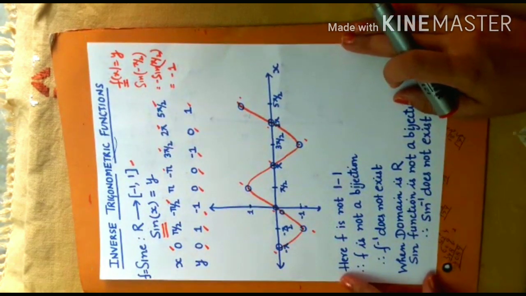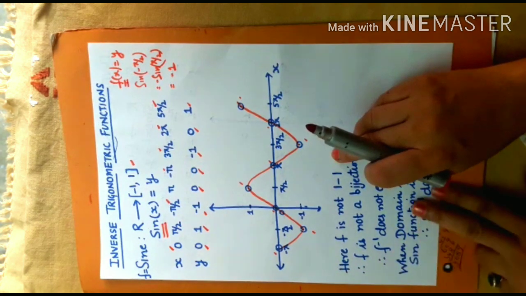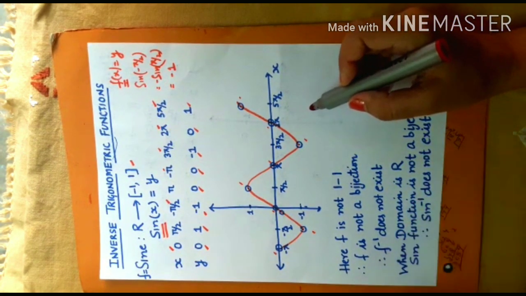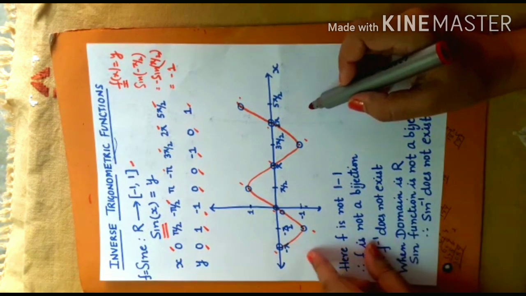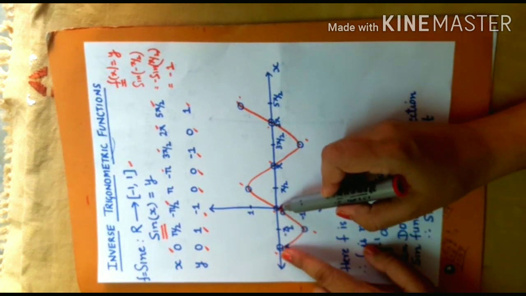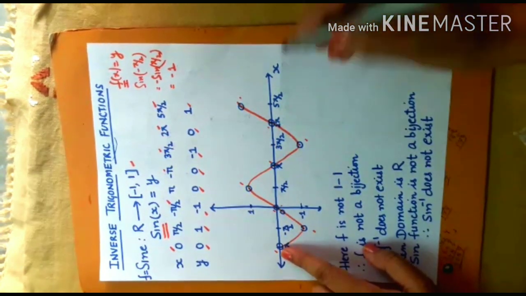Now if I ask you, is the sine function 1 to 1? Answer is no, because from the graph you can see that sine of minus pi, sine of 0, sine pi, sine 2 pi.